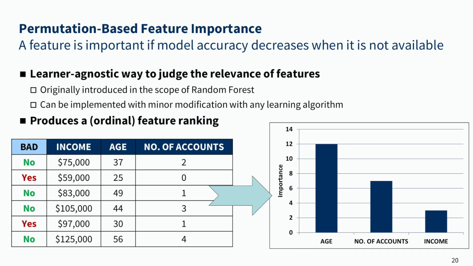Permutation-based feature importance. A way to interpret a model is to understand roughly on which features the model based its predictions.